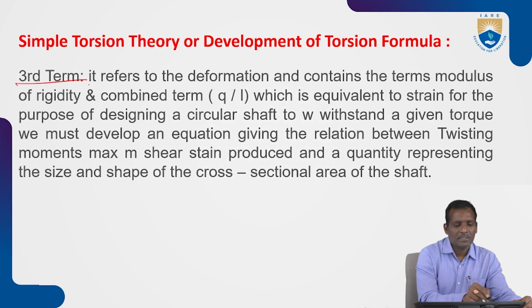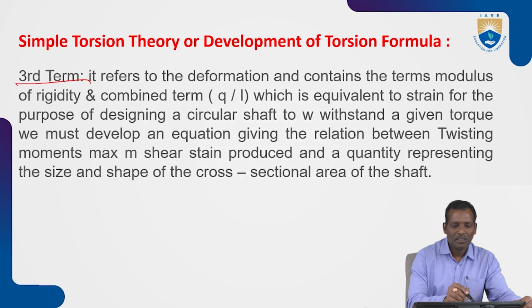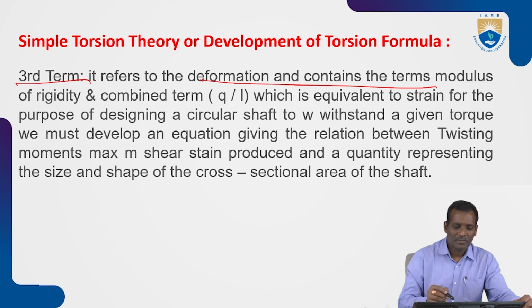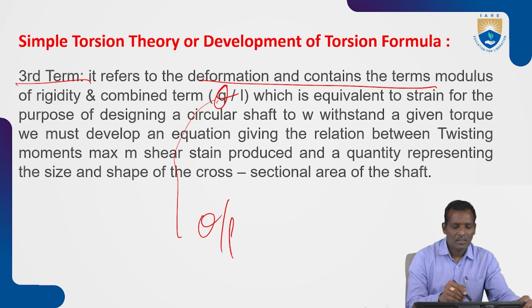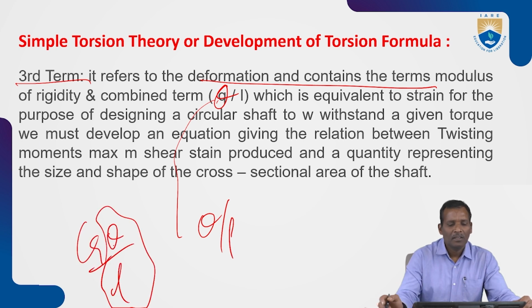The third term is G theta by L. It is related to the deformation and contains the modulus of rigidity and a combined term, theta by L. G theta by L is equivalent to strain.